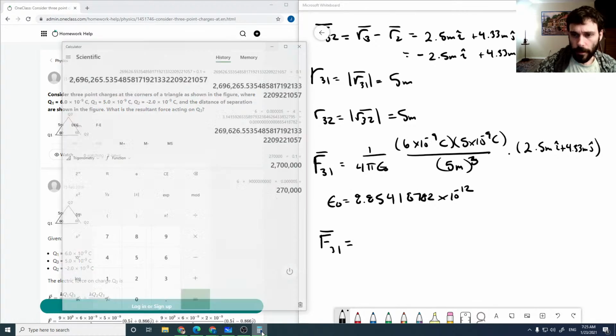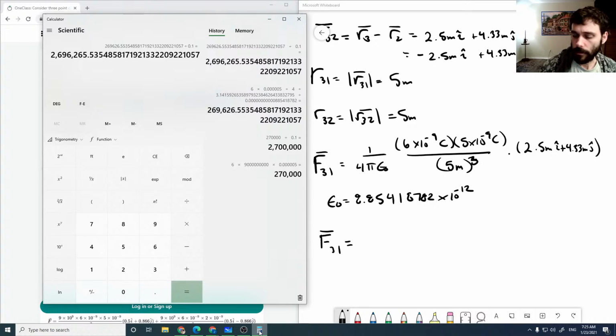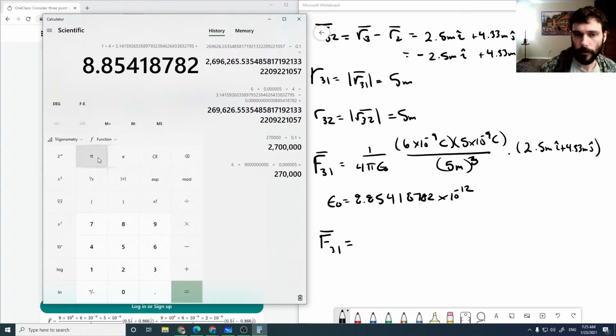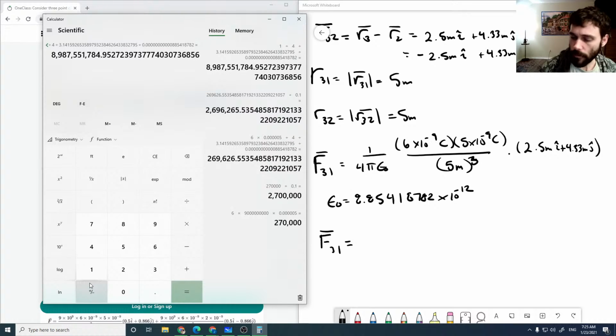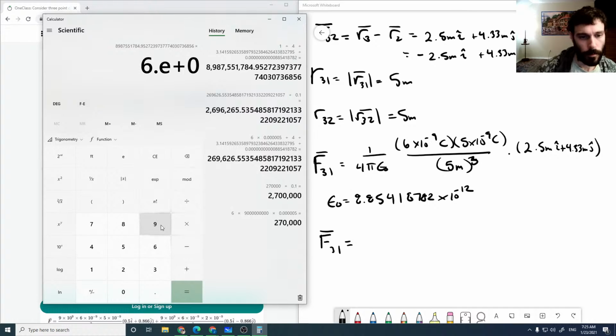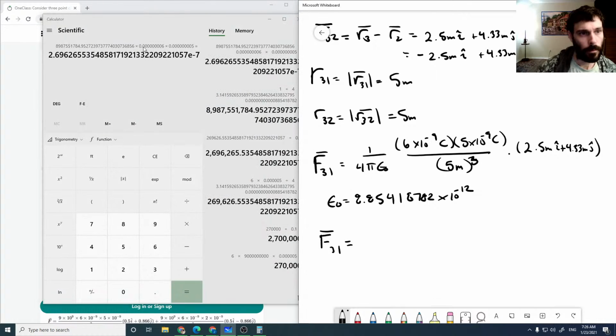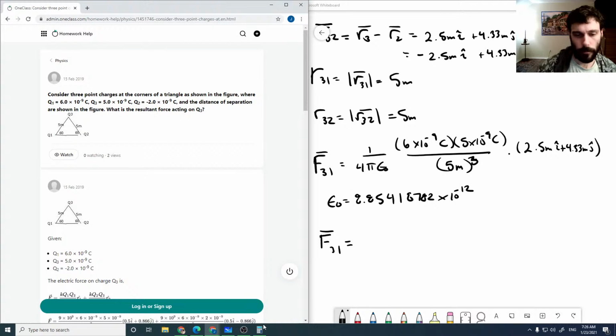now I'm just going to recalculate a bit because I messed up a little bit on my units here. So 1 over 4 pi epsilon naught times 6 times 10 to the minus 9 times 5 times 10 to the minus 9. And did I mess that up too? No, okay, good.